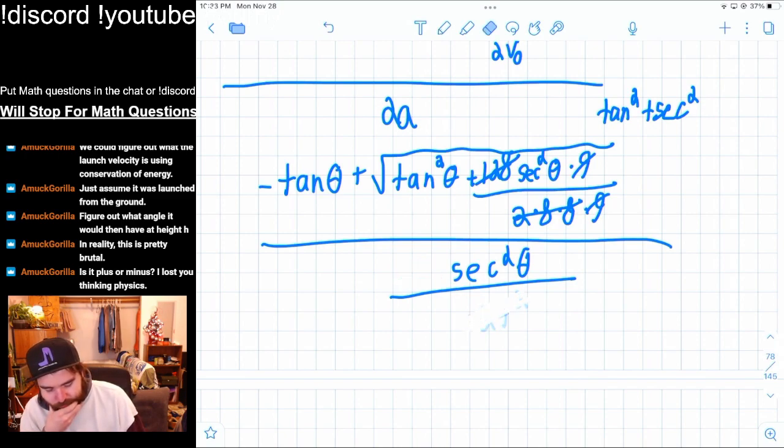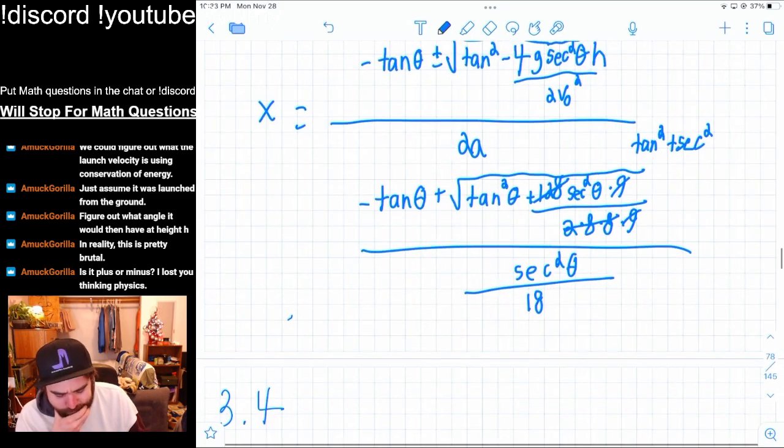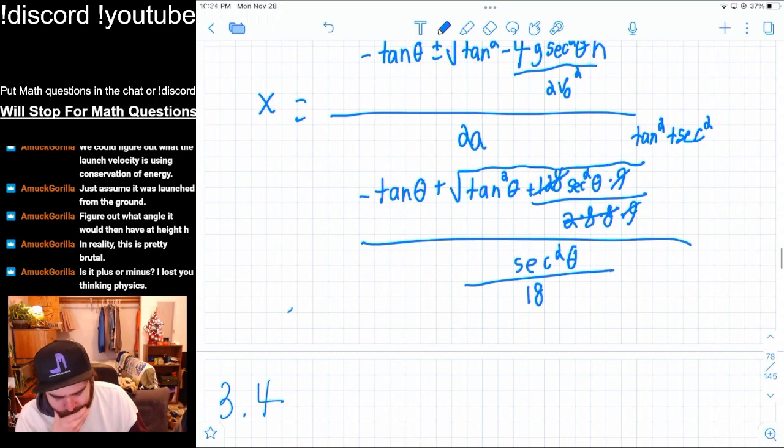So this cancels with this and just leaves an 18 on the bottom. And what's tangent divided by secant?